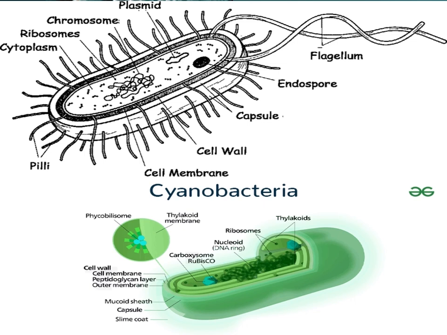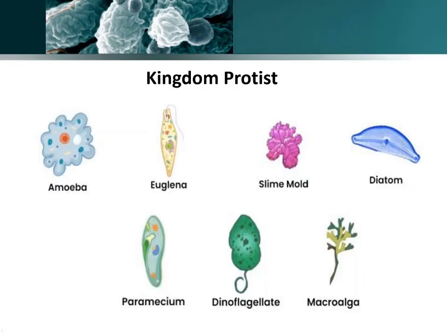And now we can see the thread or the flagellum that is present on the end. It helps it to move. The lower organism was cyanobacteria, which contain photosynthetic pigment which help it to synthesize its own food.